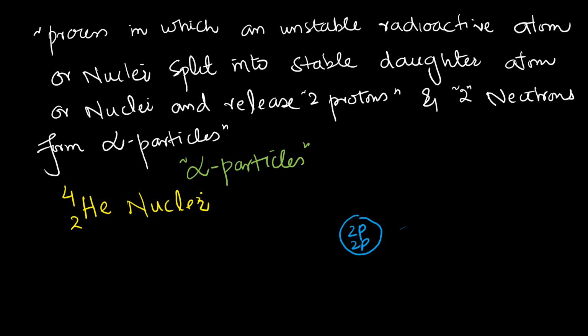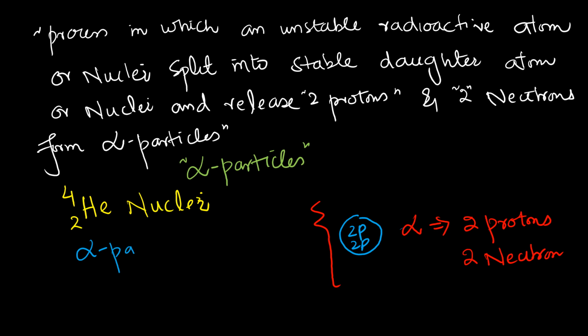Similarly, alpha particles are also made up of two protons and two neutrons. That is the reason due to which alpha particles are also called helium nuclei.